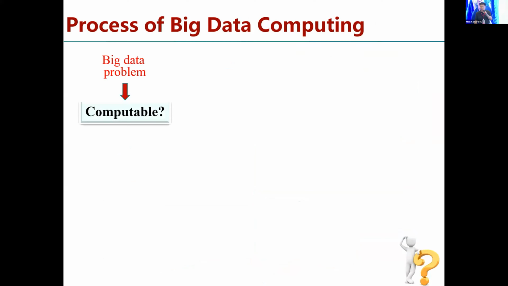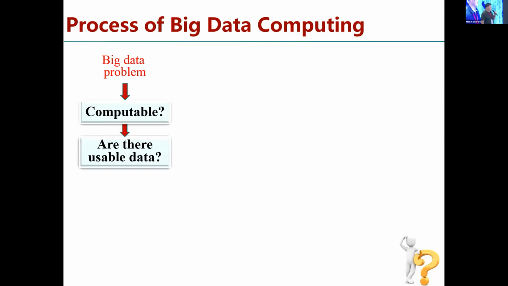First, let us see the process of big data computing. When a big data problem is given, what do we want to solve, and how to solve it? First, we need to know, is the problem computable? If the answer is yes, the next question is, is there usable data?